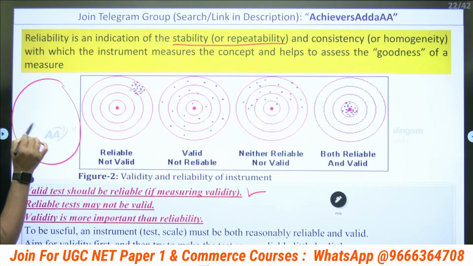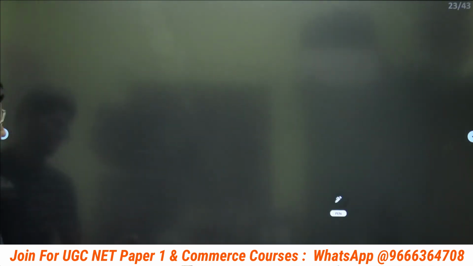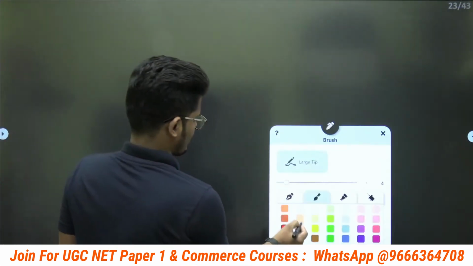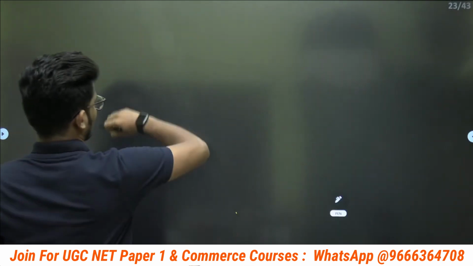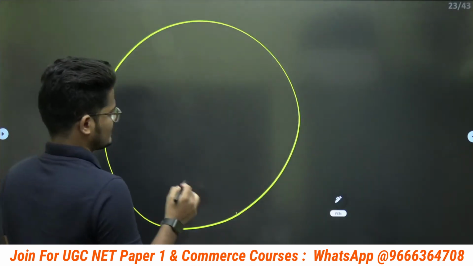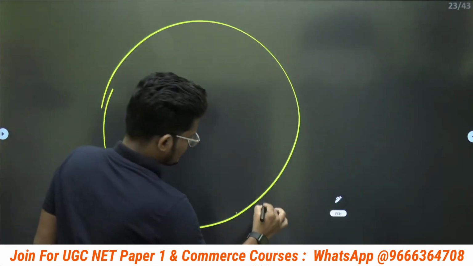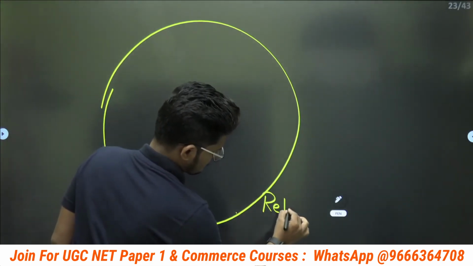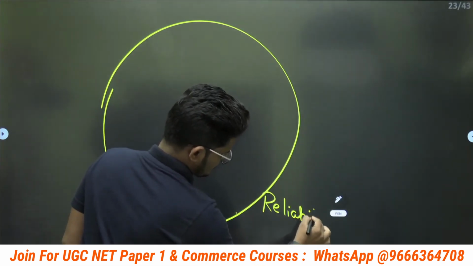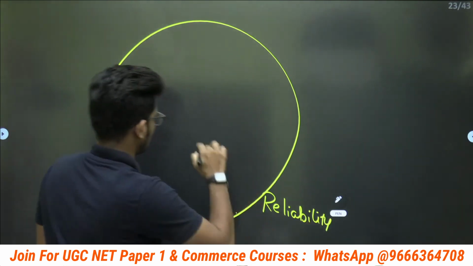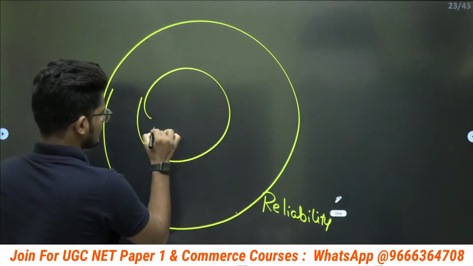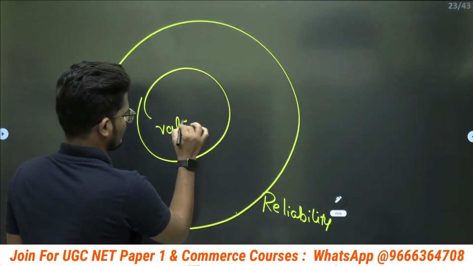Suppose this is a Venn diagram of reliability. The bigger one is reliability. Next, this is validity.